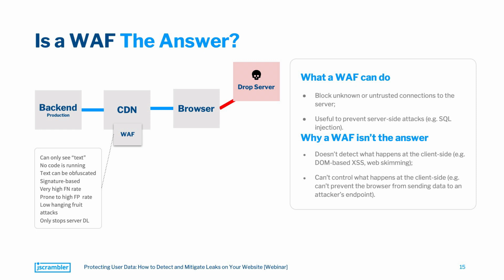But while a WAF can block any unsafe connections made to our server, the backend, like SQL injection, for instance, it cannot detect anything that happens on the client side. So attacks like DOM-based XSS or web skimming typically don't make any requests at all to our server. So the WAF cannot detect it, and it cannot prevent the browser from sending this sensitive data to the attacker's endpoint.